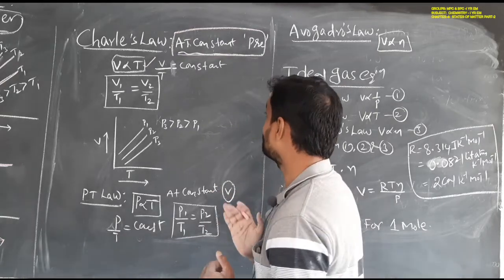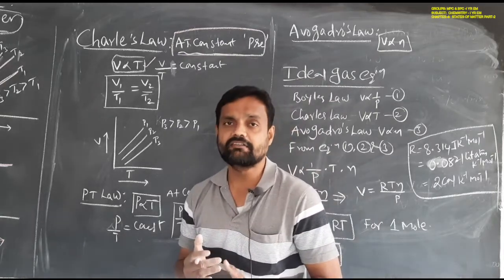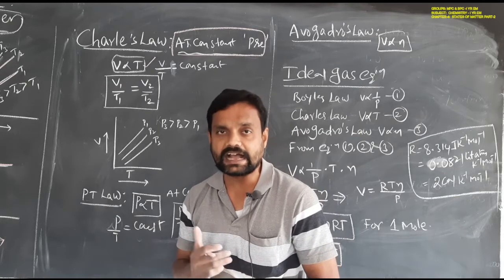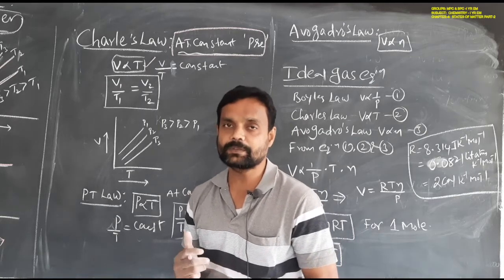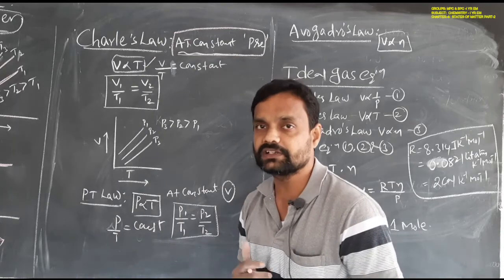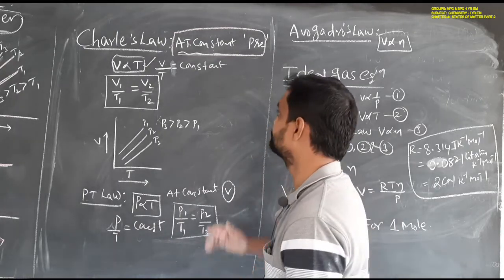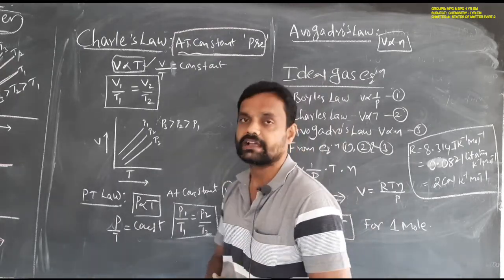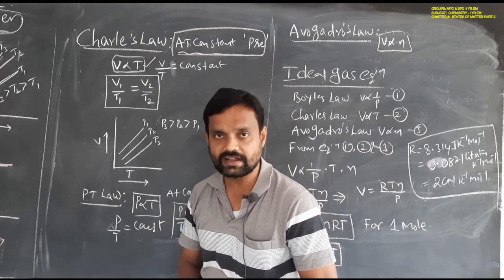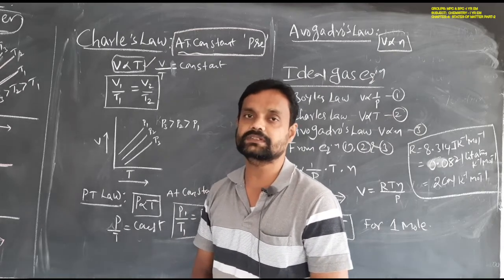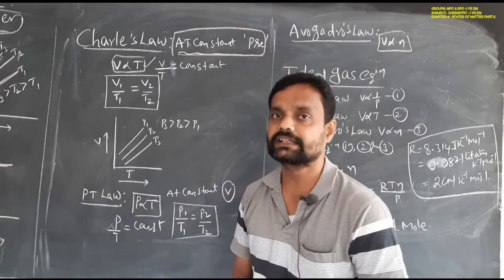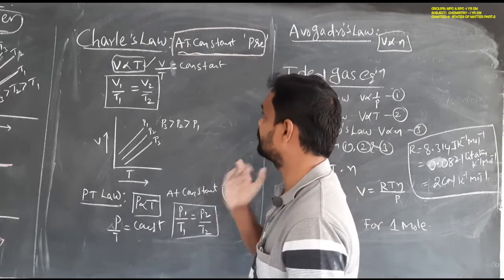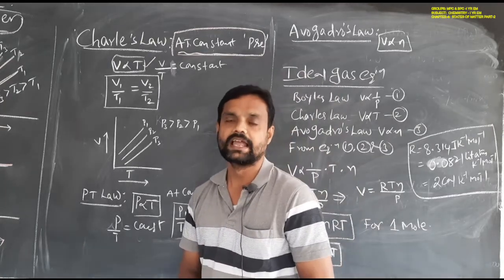At constant pressure, the volume of a gas is directly proportional to absolute temperature. Simply that is called Charles law.